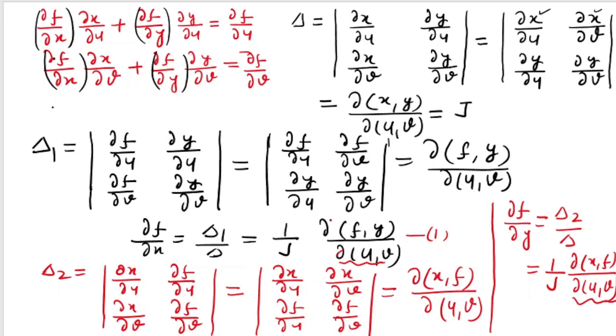Only the change is in this expression. So if you just remember the way the Jacobian is calculated, in the numerator, in place of x you are replacing it by f, and in case of del f by del y, in place of y you are replacing it by f. So I am going to write the whole thing on the next page again, so that you remember the main result.